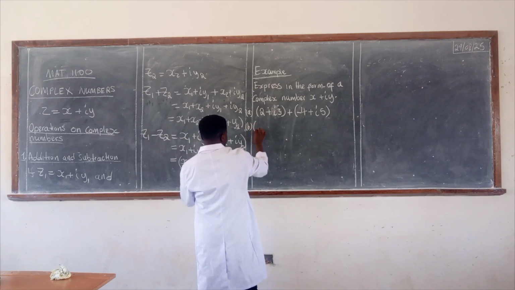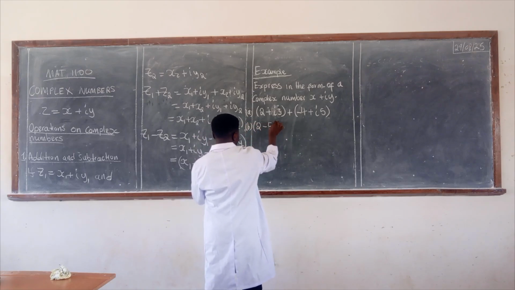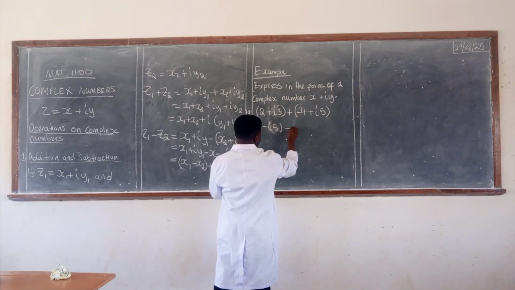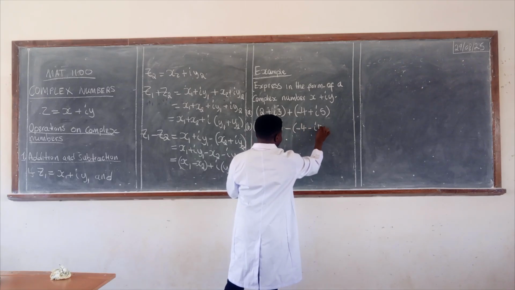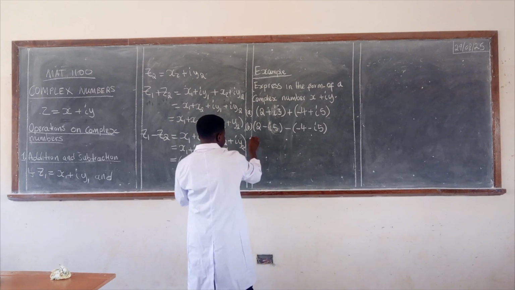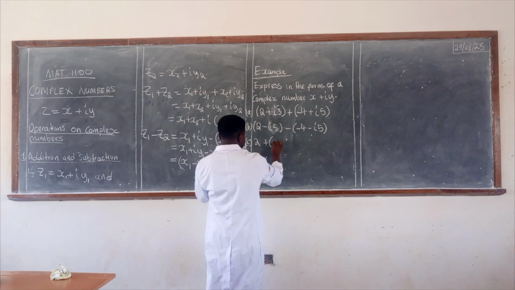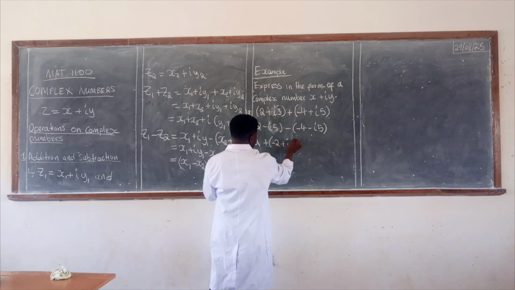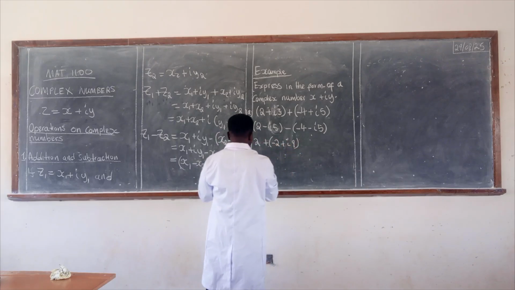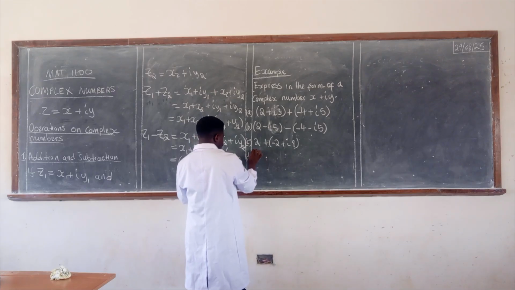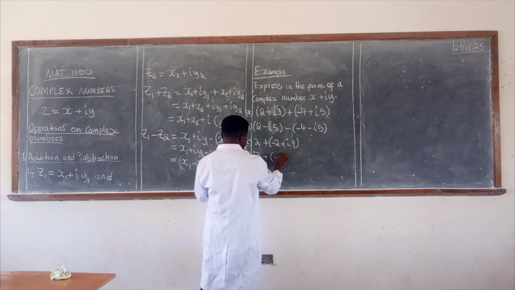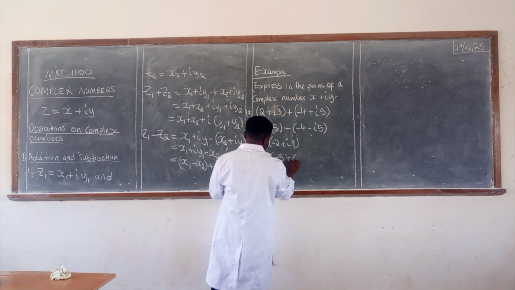B, 2 minus 5i minus negative 4 minus i. And the second from last, C, 2 plus 9i, and D, 3i minus i plus 6i.